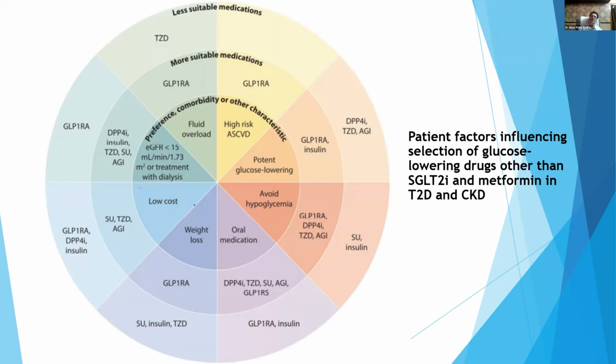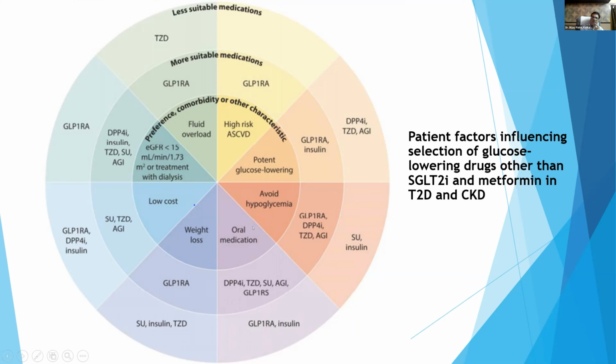appreciate that several patient factors are taken into consideration while planning any therapy over and above SGLT2 and metformin. Whether you want a potent glucose lowering effect, or if the patient is at high risk of atherosclerotic CVD, or fluid overload is a major concern, or if the eGFR is very low, or you have to consider the financial aspect of that individual.